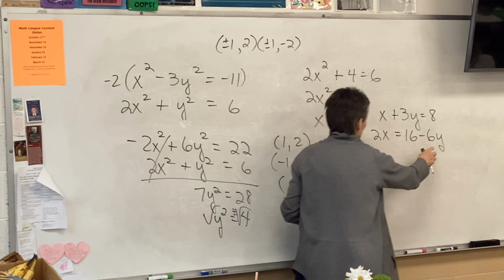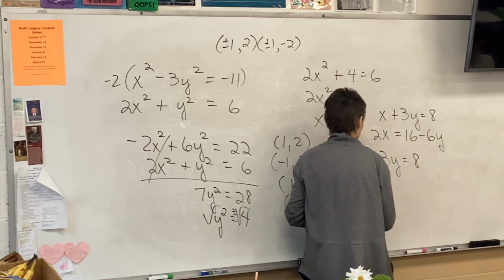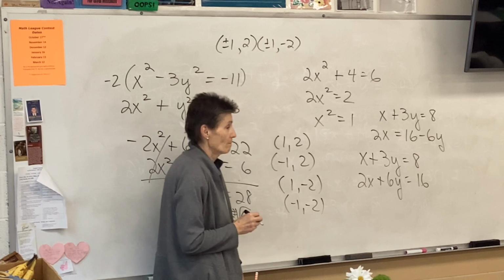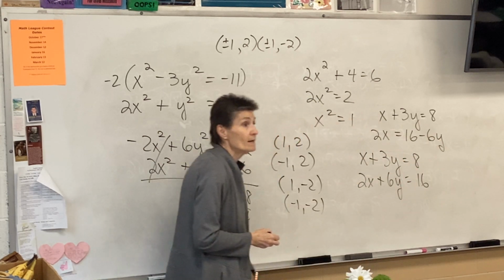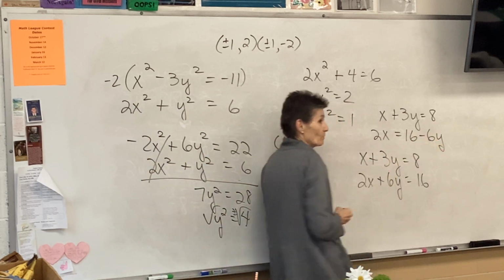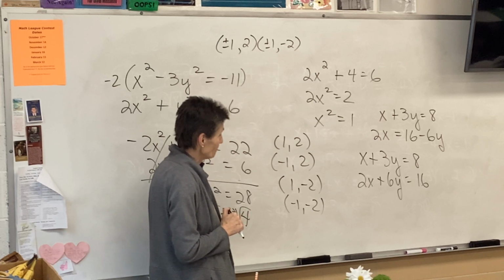So I'll move this 6y over. So 2x plus 6y equals 16. This has to be over on the other side of the equation if I'm eliminating. If I was doing substitution, I would love having it over there like that, but if I'm eliminating, no, this is the way I need it.